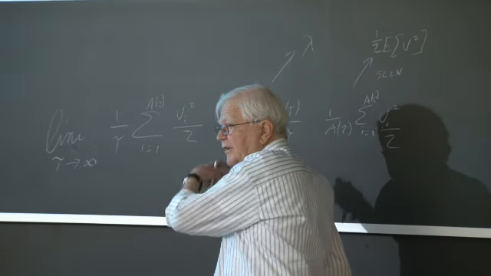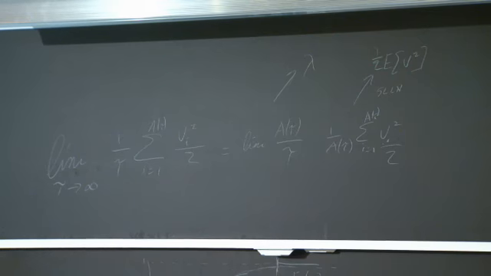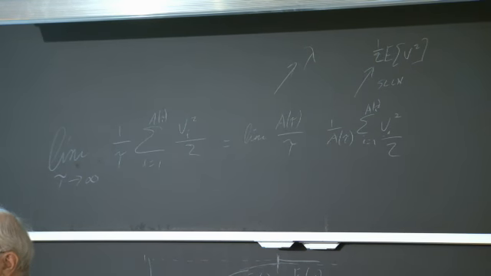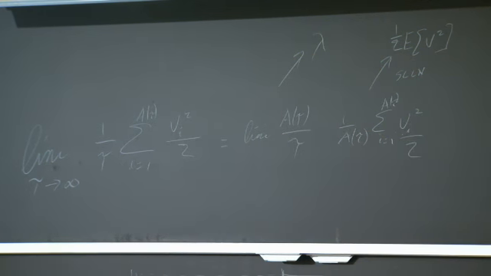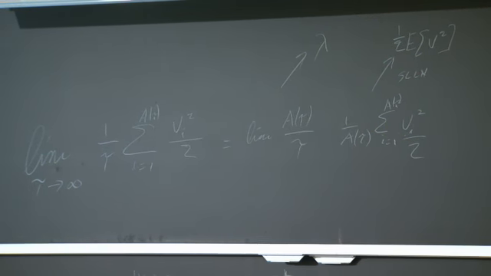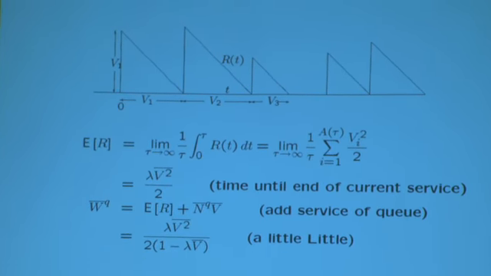Okay, so this is the careful way of doing it, where you bring all of this enormous power to bear for something that you could intuit without using any of the power. And what is W sub q then? What is the average time we spend in the queue?